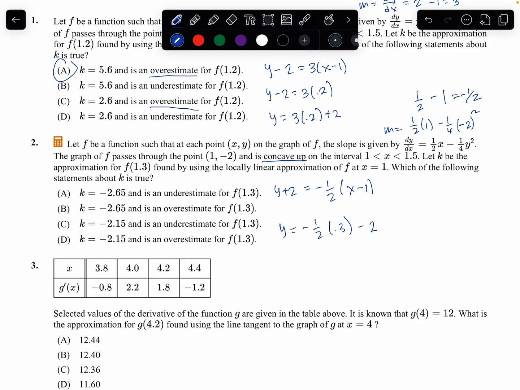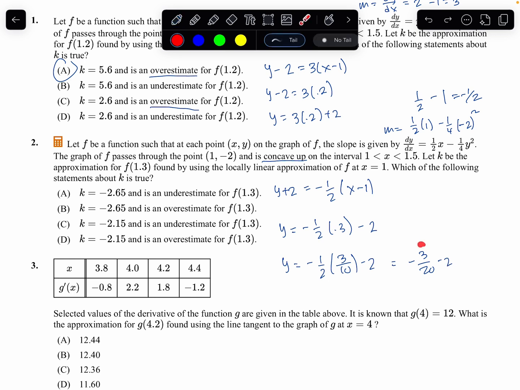So y is equal to negative 1/2 times 3/10 plus 2. That's going to be equal to negative 3/20 plus 2.